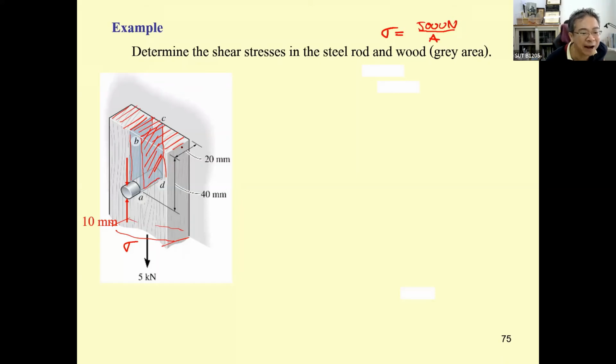Okay, do we know the area of this? We know this one is 20 millimeter, but we don't know this one yet. Okay, if we assume this one to be 40 millimeter, the stress that occurs in this portion will be 5,000 Newton divided by 40 times 20 millimeter square.